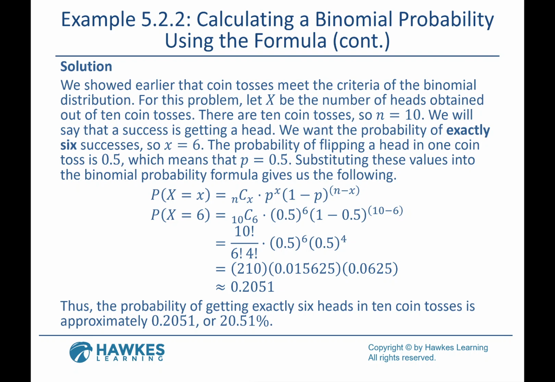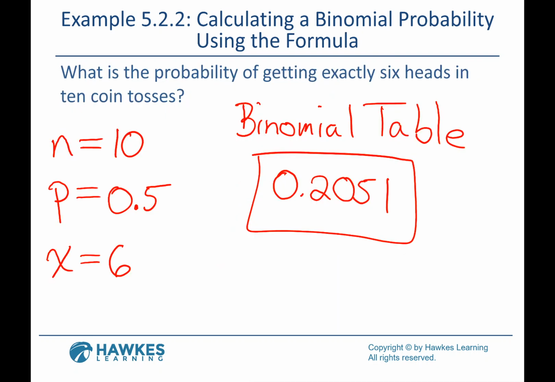That's the only difference. And then interpreting, that's the decimal version, but remember we can change it to a percentage, which is usually easier to think about. So what's the probability of getting exactly 6 heads if we flip a coin 10 times? It's a little bit more than 20%, 20.51%.